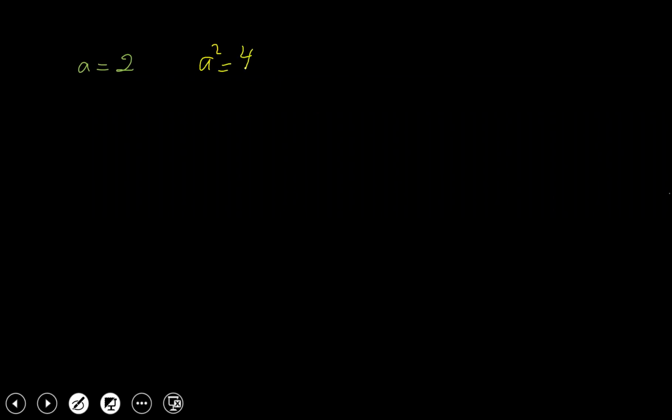It's stronger than A. What about radical A? This is 1.7, it's weaker. What about 1 over A? It's 0.5. Let's compare them now. The smallest one is 0.5, which is 1 over A.